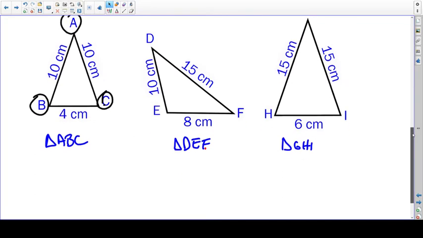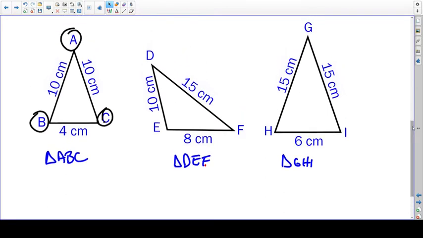So what we need to do is find which sides match up to one another and see if the scale factor for all the corresponding sides is the same. So first of all, let's take a look at this side right here.